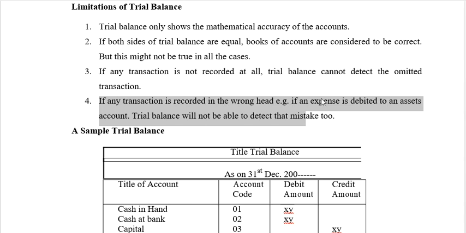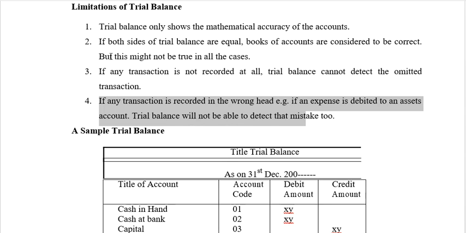If we debit an expense into an asset account, that creates a problem, because it is basically your expense, but you debited it in your asset account. The trial balance will not detect any mistake, because it is just showing the debit balance.